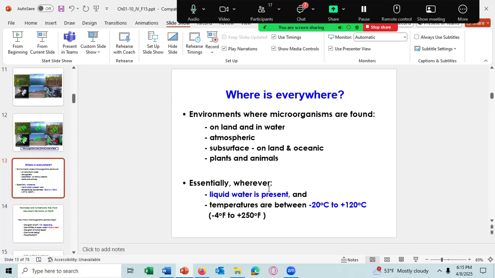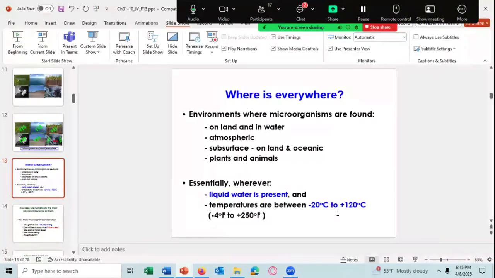You can find microbes essentially wherever liquid water is present at temperatures between minus 20 degrees C and 120 degrees Celsius. That's minus 4 degrees Fahrenheit and 250 degrees Fahrenheit. We can find life.